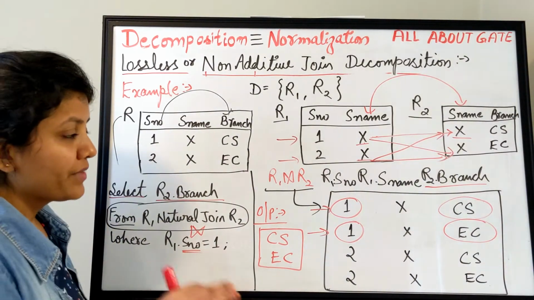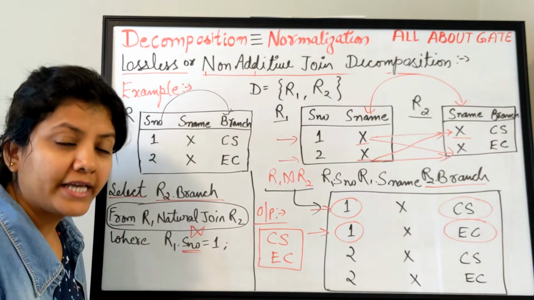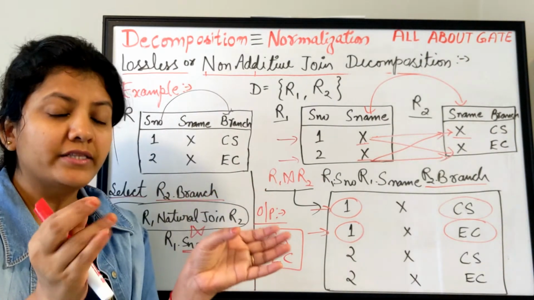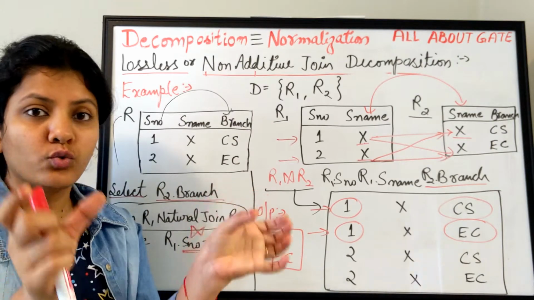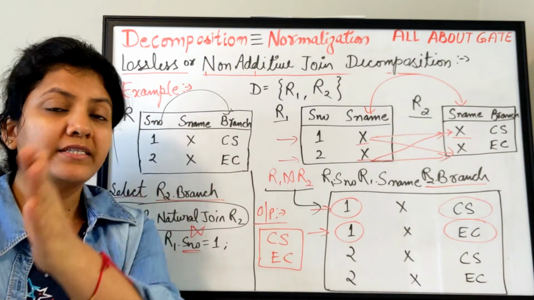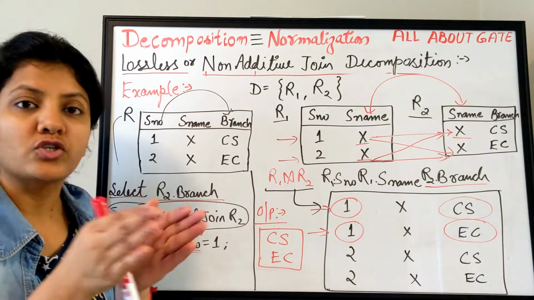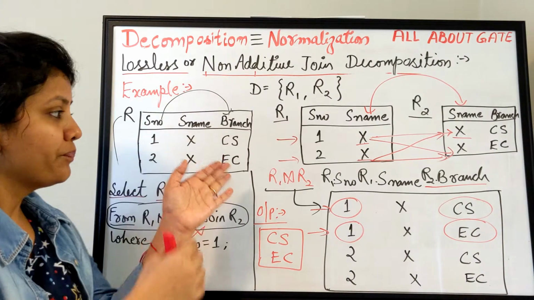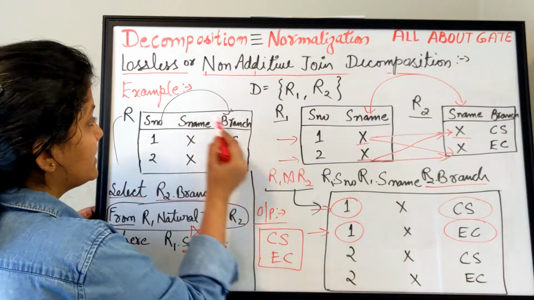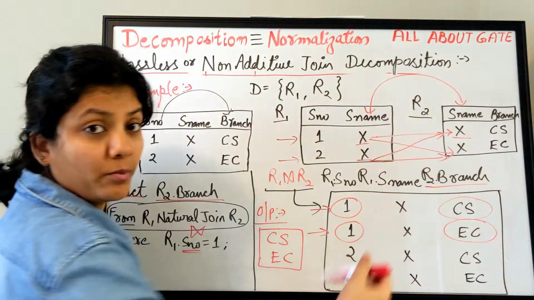From the condition of lossless join, we say that when you join the sub components, the 2 tables which are smaller relations, you should get exactly the same as the bigger or parent table. So when you are joining the child tables, you should get the parent table. Here you have seen this is the parent table, these are the child tables, and now I have performed the join operation.